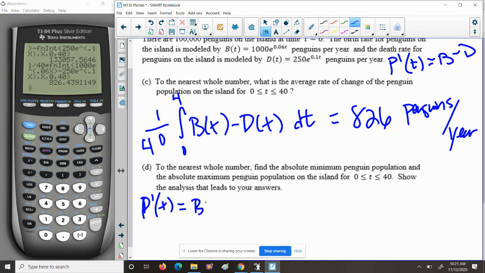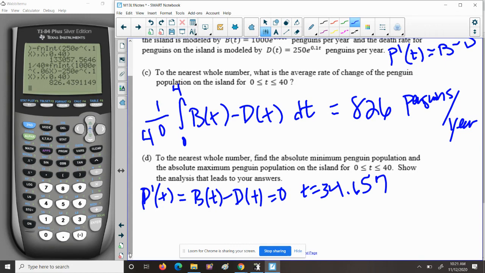So we're looking to see if B of t minus D of t is equal to 0 anywhere. I would probably graph this and find out if it's equal to 0 somewhere, and it is. It's at t equals 34.657.